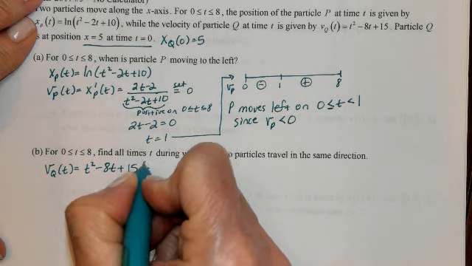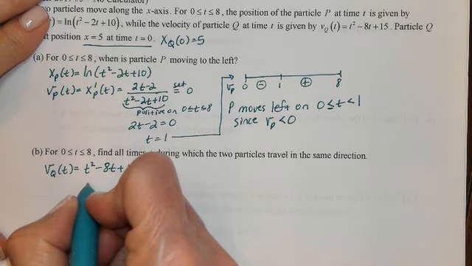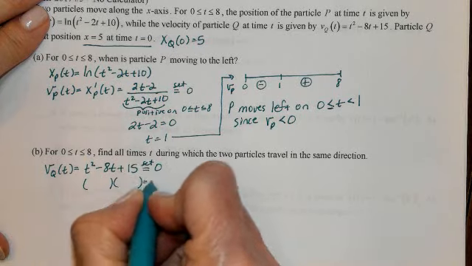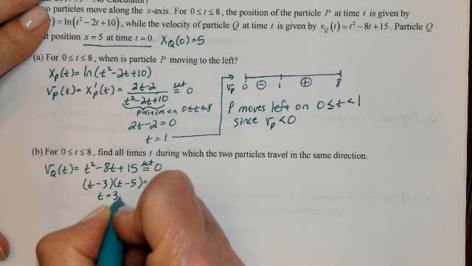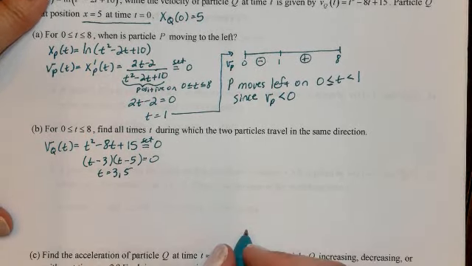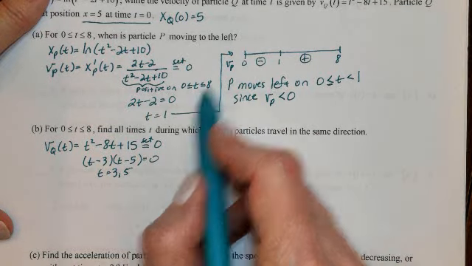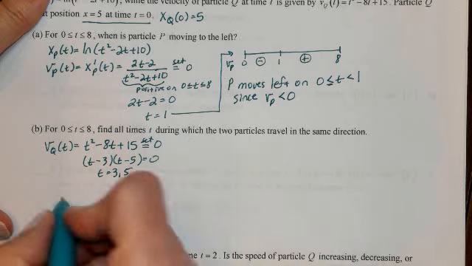If I do the same thing I did above and set that equal to 0, then I can factor this. T and T, 3 and 5, negative and negative. T is 3 or 5. So then now I'm going to do a sign chart, and I'm going to do a sign chart that includes the 1 from V of P and the 3 and the 5 from V sub Q.